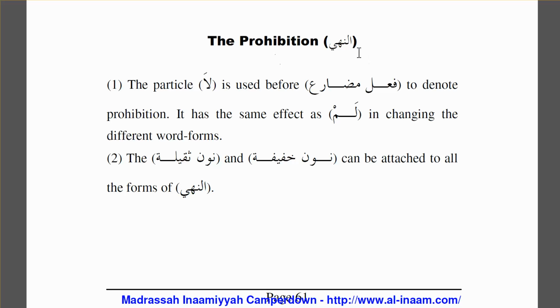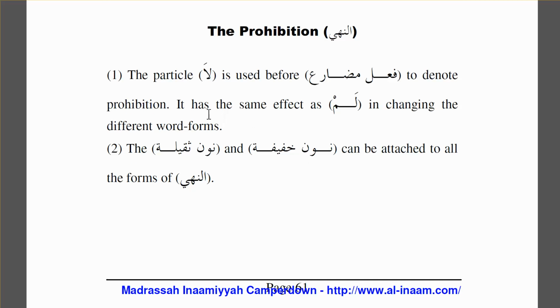Next thing, here is the new lesson for today. The prohibition, the nahi. The nahi is the opposite of the amr that you just learned. How do you do it? Very simple, not hard at all. The particle la, lam alif, is used before fi'l mudari'. It has the same effect as lam. Now we haven't learned lam yet, and we'll do that this week.